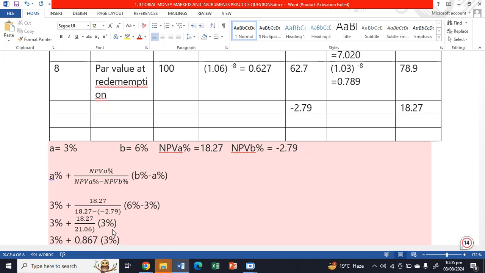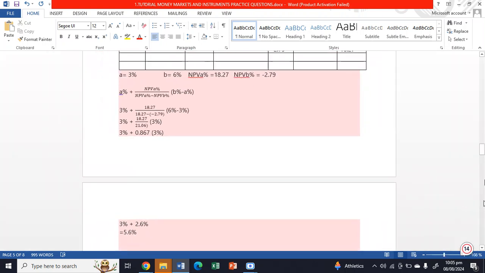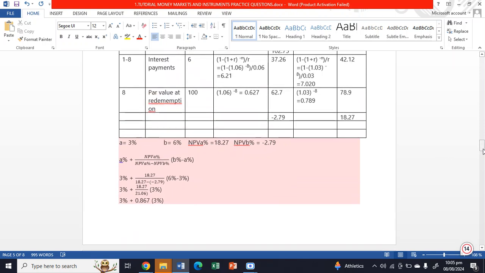So 0.867 times 3%, you get 2.62%. 3% plus 2.6%, you get 5.6%. If you want, you can round it off to 6%. And that is the yield to maturity, or the total return you get after you hold this bond for 8 years.